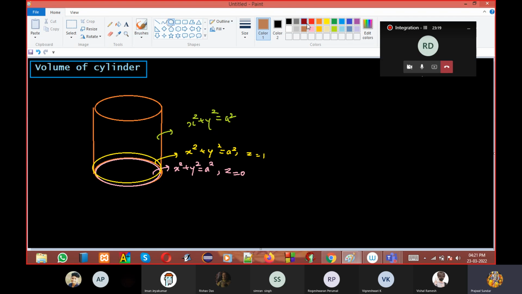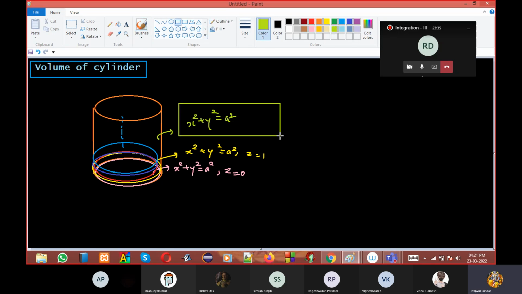Like that you keep stacking circles on top of each other. Keep putting many circles on top of each other, and then a cylinder will get generated. So I can say x squared plus y squared equal to a squared, and z is from minus h by 2 to plus h by 2, because the height is h.